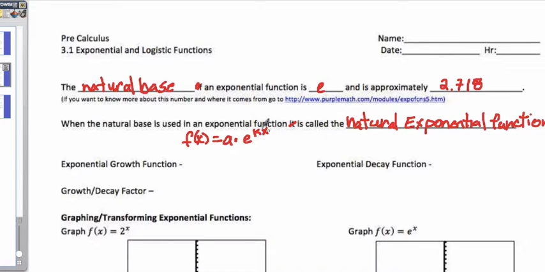So what is going to change is, notice there's something new here, k. So when k is greater than 0, we have exponential growth. And when k is less than 0, we have exponential decay. And then our growth or decay factor, well, that is the base, but remember that the base is e. So 2.7, and then however many decimal places you want. And actually, let's not make this equals. It's approximately equal to.